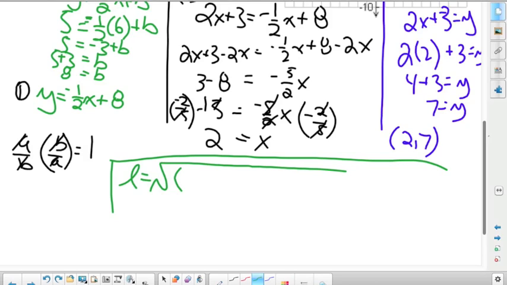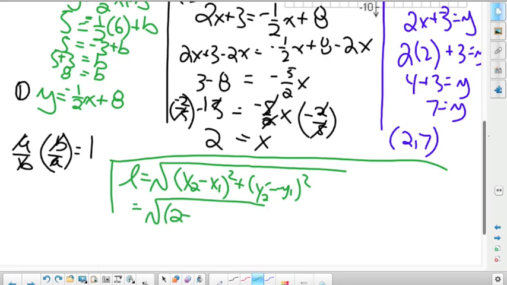It's probably closer to 8 marks. So let me finish this off. The distance formula: square root of x2 minus x1 quantity squared plus y2 minus y1 quantity squared. So I got 2 minus 5, I think, was the original question.